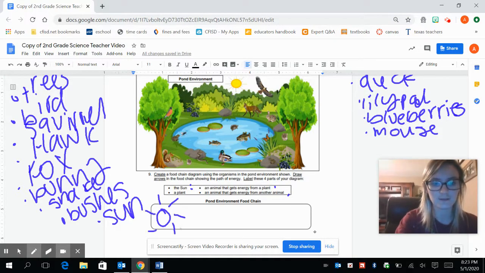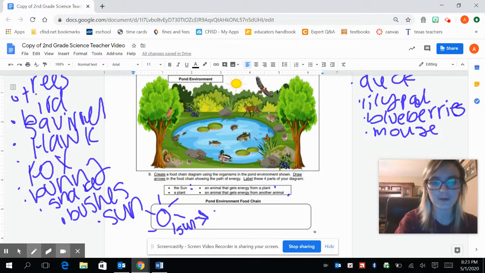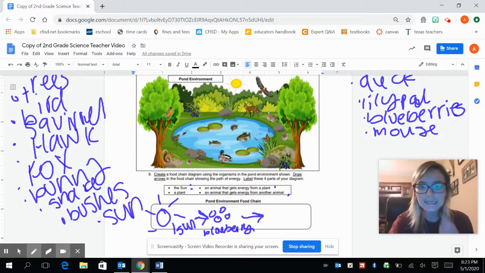right here. All right, sun. And you draw your arrows to the next item. What is it giving the energy to? So I'm going to do the blueberries. Blueberry. And what is going to eat the blueberries? I think the bunny rabbit.